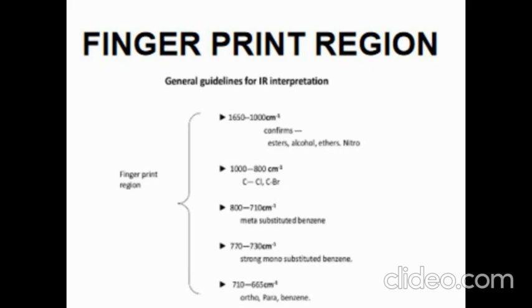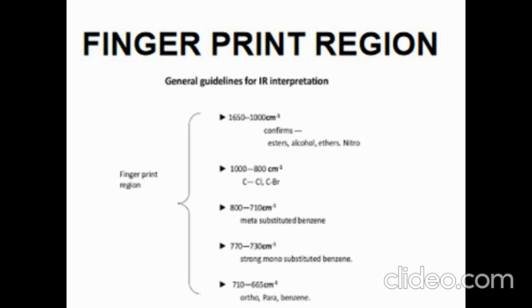Those peaks are very characteristic to understand the substitution pattern in the benzene ring, like the monosubstituted one, or among the disubstituted, whether it is ortho disubstituted, meta disubstituted, or para disubstituted. They are popularly known as the OOP bending peaks, meaning out of plane bending peaks.